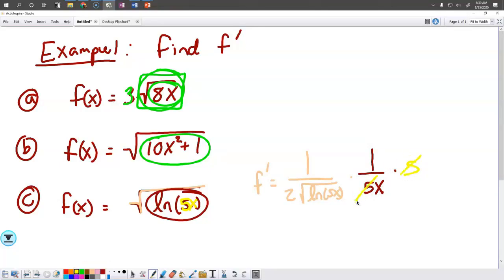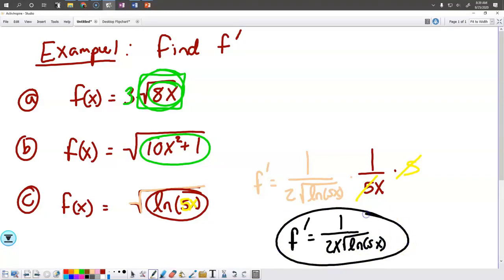The 5's cancel, right? And so now my final answer is f prime is equal to 1 over 2x square root ln 5x. We have the x, we have the 2, and then the square root of ln 5x.